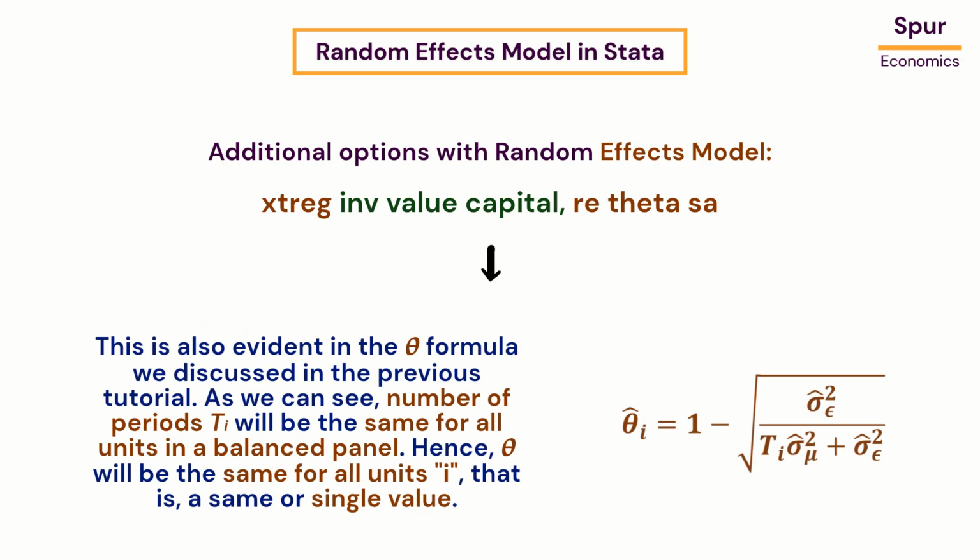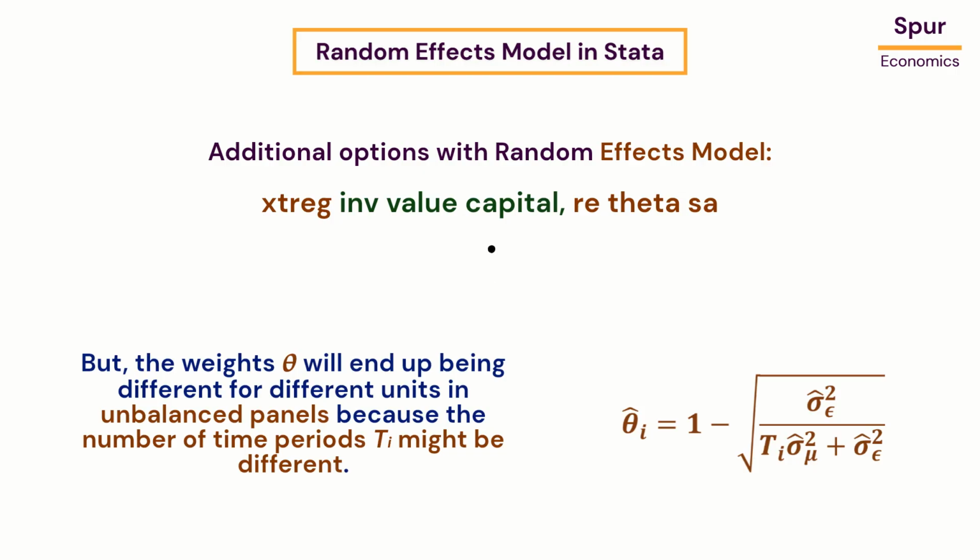This is also evident in the theta formula we discussed in the previous tutorial. As we can see, number of periods Ti will be the same for all units in a balanced panel. Hence, theta will be the same for all units i, that is, a single value. But, the weights theta will end up being different for different units in unbalanced panels because the number of time periods Ti might be different.